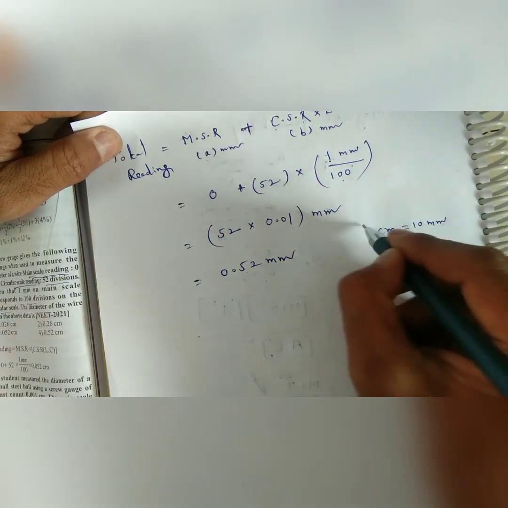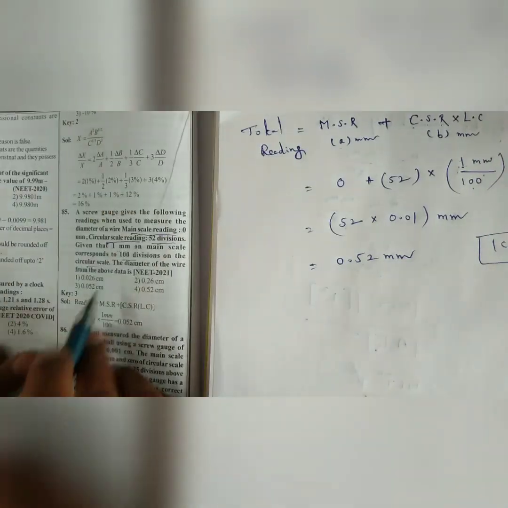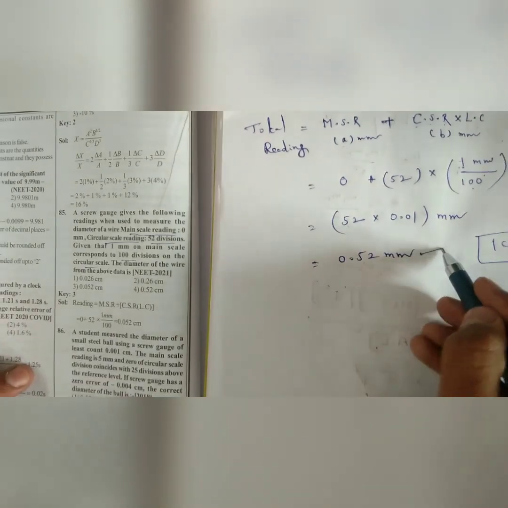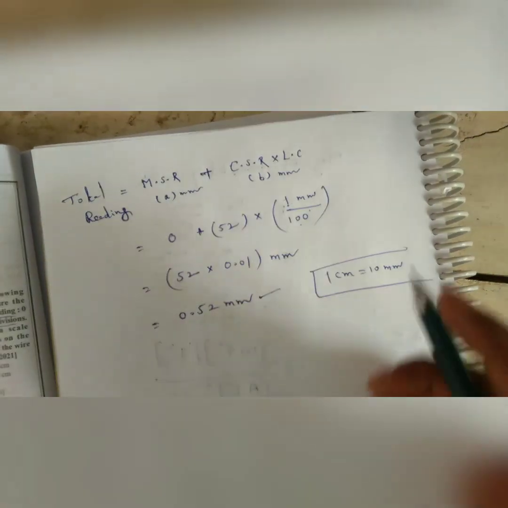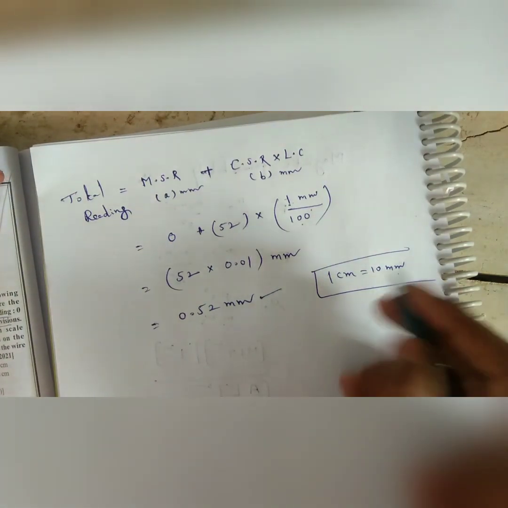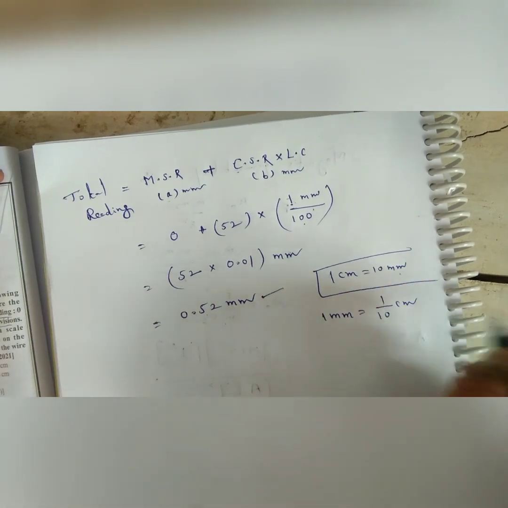Here, 1 centimeter is equal to how many millimeters? 10 millimeters. Remember this. The option is given in centimeters, but we got millimeters, so we need to convert millimeter into centimeter. Since 1 centimeter is equal to 10 millimeters, 1 millimeter is equal to 1 by 10 centimeters.